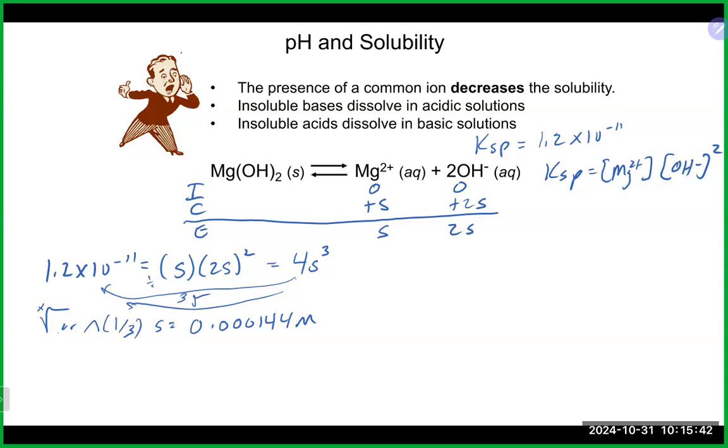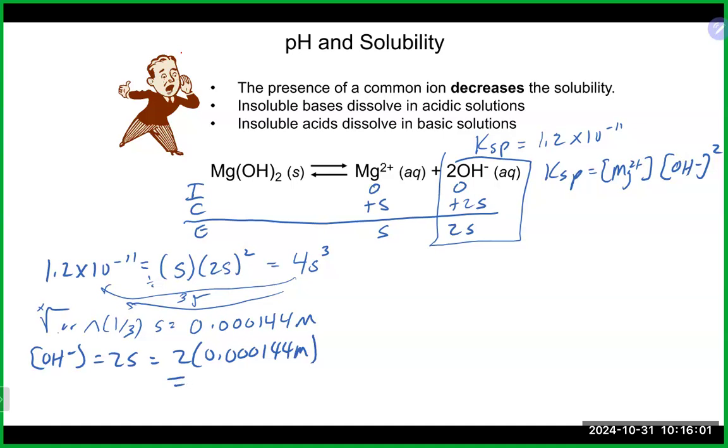In this case, though, if we're looking at pH, in this particular case, it is actually the hydroxide that's kind of important here. And if we want the concentration of hydroxide, it actually equals 2 times S. So if we take 2 times our S value here, we will end up with 0.000288845.